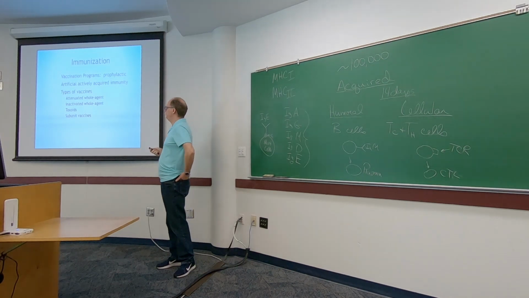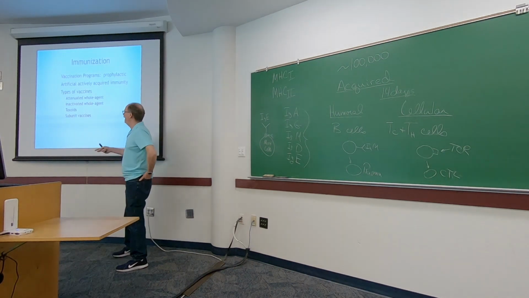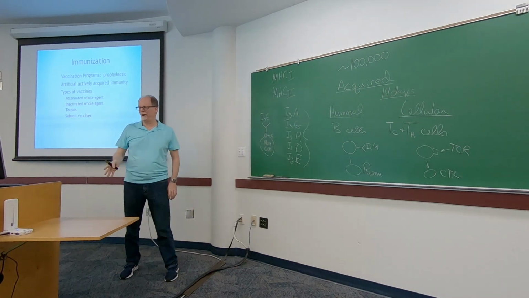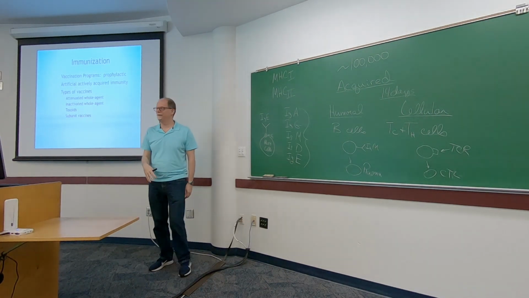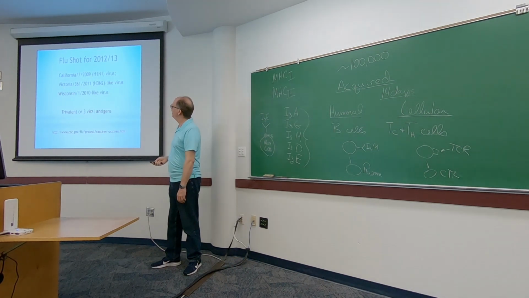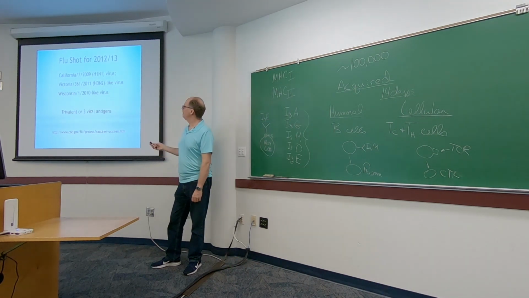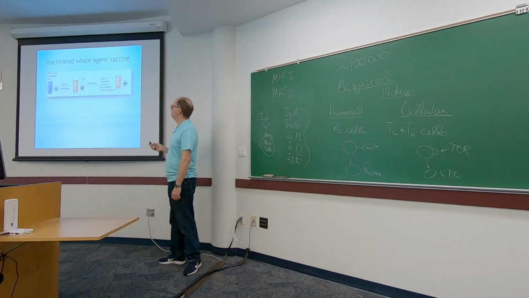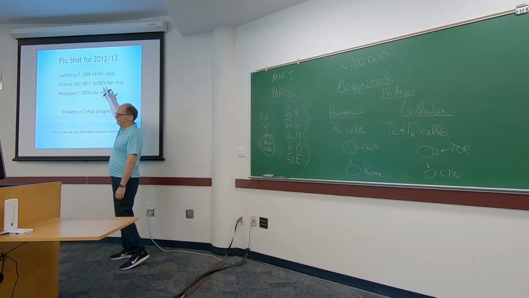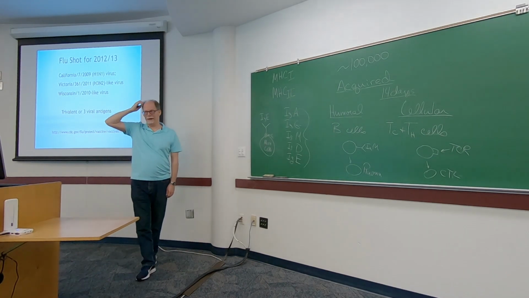There are 5 types. I used to have messenger RNA on here, and I took it off, and then I put it back after COVID-19. So we're going to go through some of them. If you get the flu shot each year, this was from 2012, 2013, they call it a trivalent.